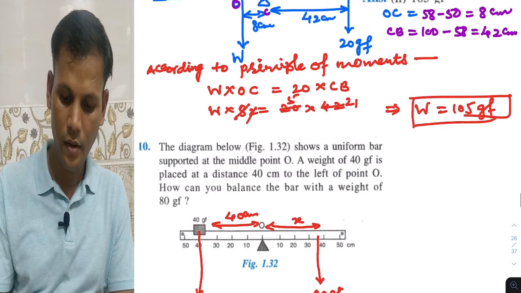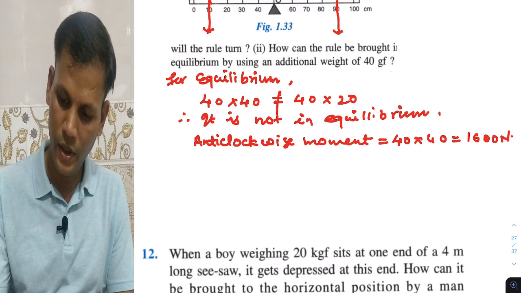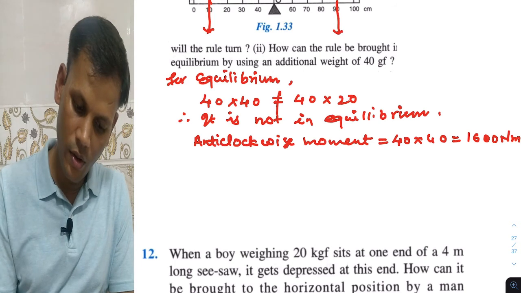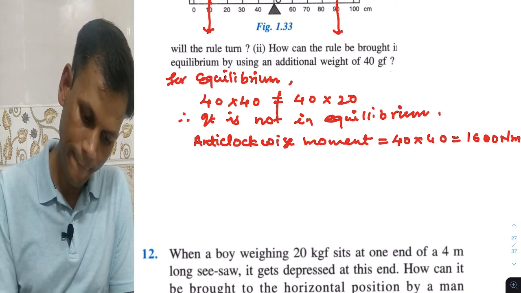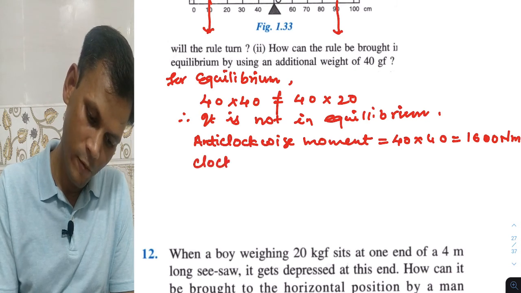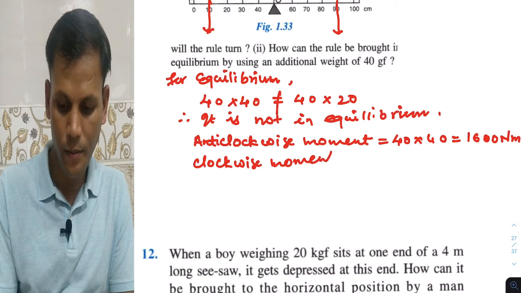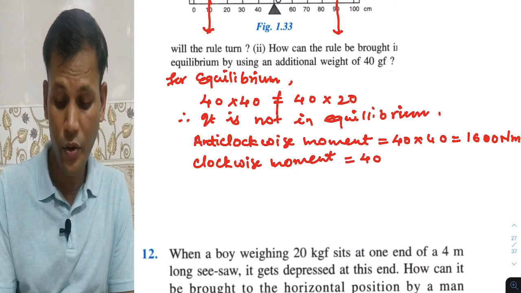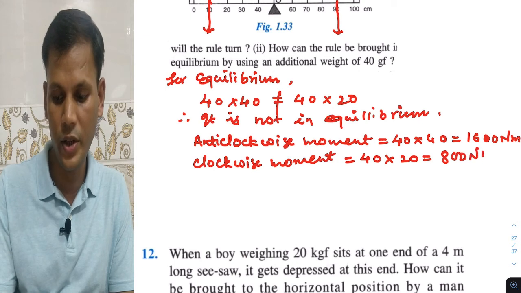And now the clockwise moment will be 40 into 20, that is 800 Newton meter.